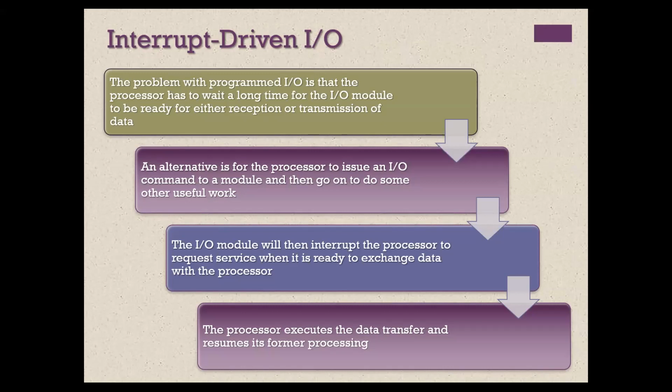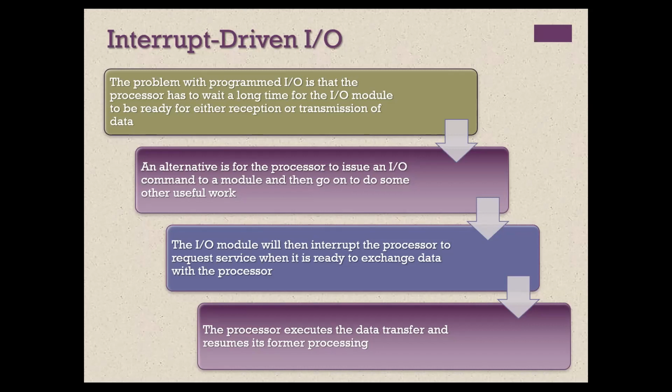The processor, while waiting, must repeatedly interrogate the status of the I/O module. So it has to be in a status checking cycle. As a result, the performance of the entire computer system will be severely degraded.